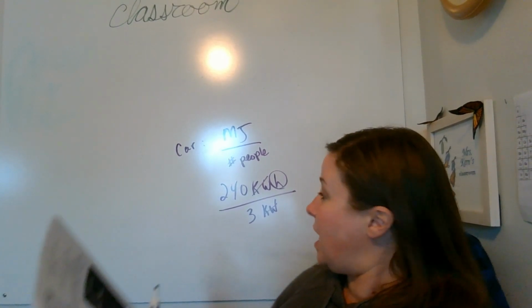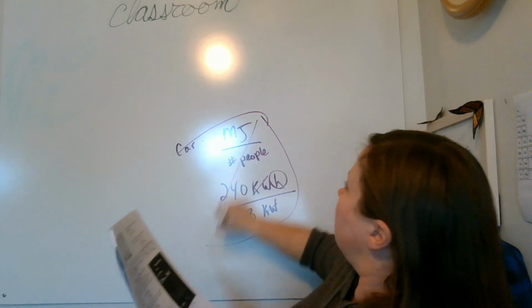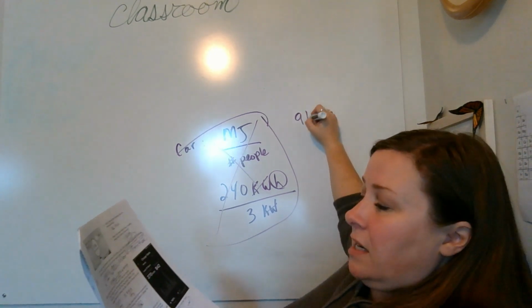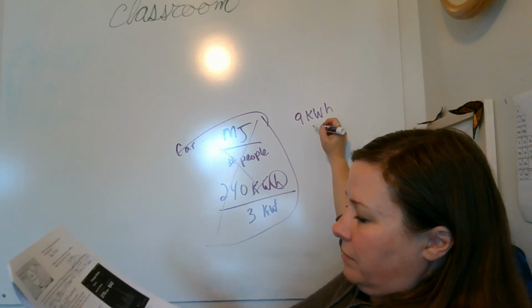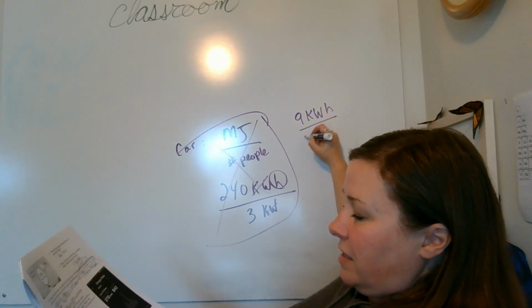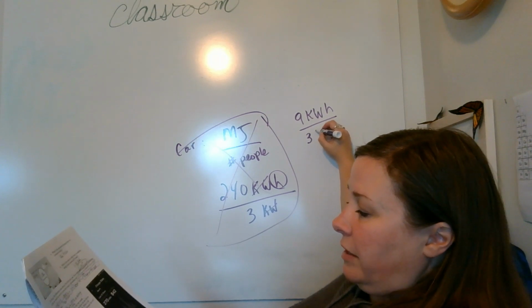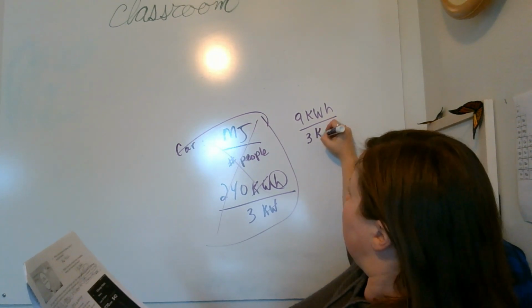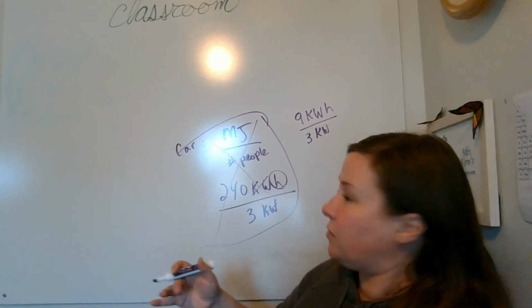You should have gotten around 9. Just do this one up here. So we've got 9 kilowatt hours, and we're going to divide that by 3 or 3.08 kilowatts, which is the power that the solar panels are producing.